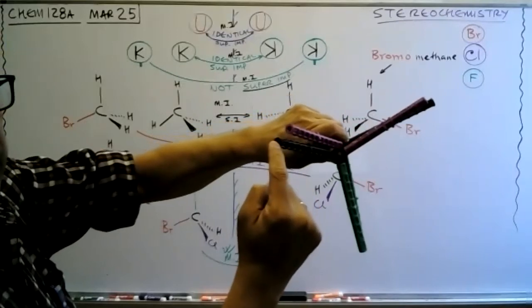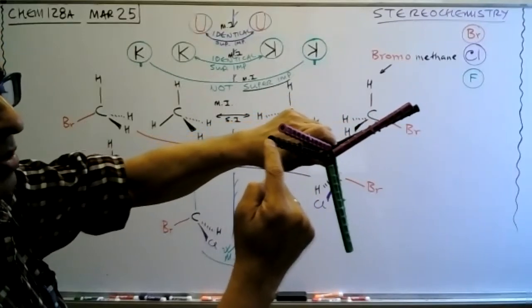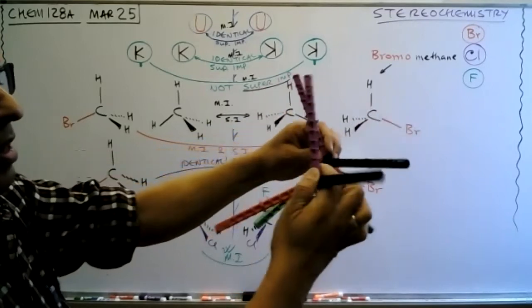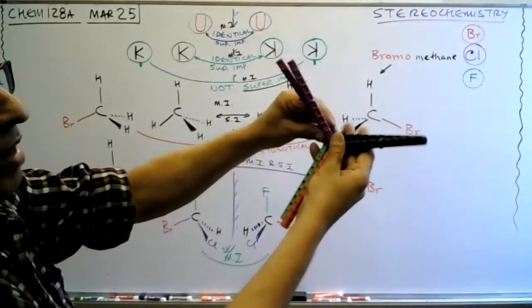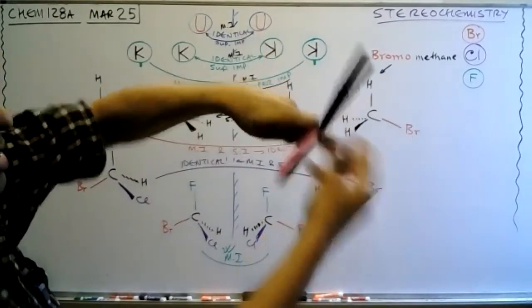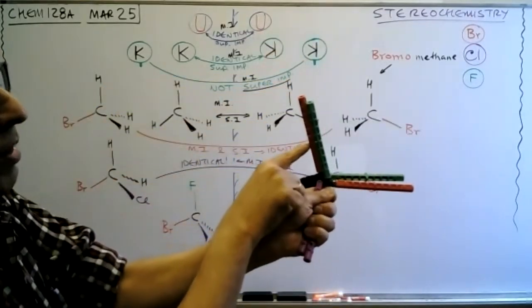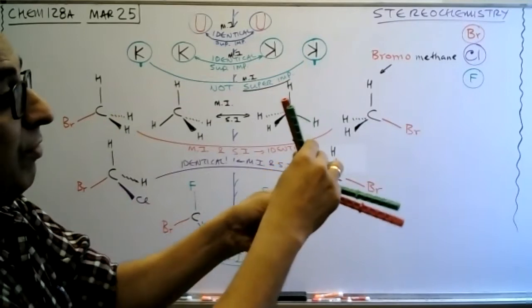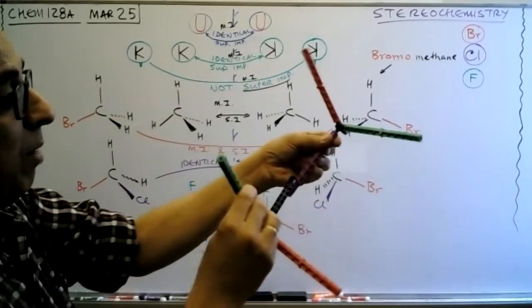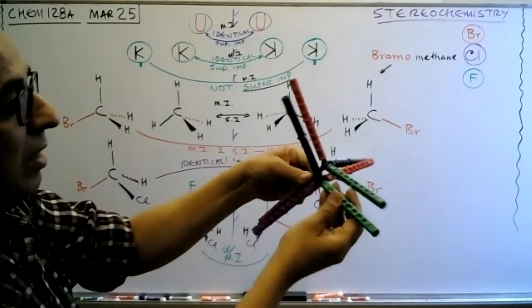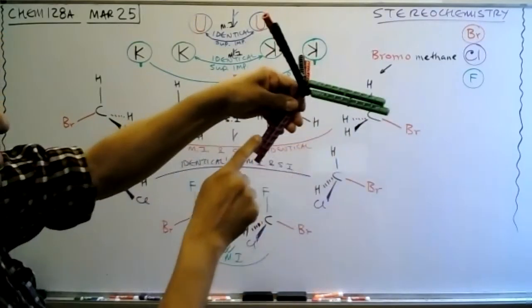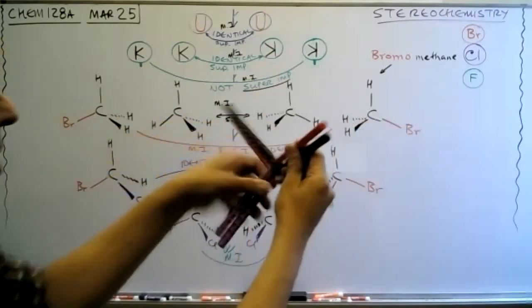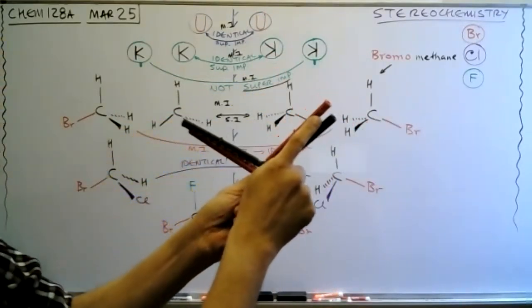The chlorine and the hydrogen don't match, they don't superimpose. Let's try to superimpose the chlorine and the hydrogen and see what happens. When I superimpose the chlorine and the hydrogen, the fluorine and the bromine don't match. If I superimpose the purple and the green, the chlorines and the fluorines, the bromine and the hydrogens, they're not superimposable.